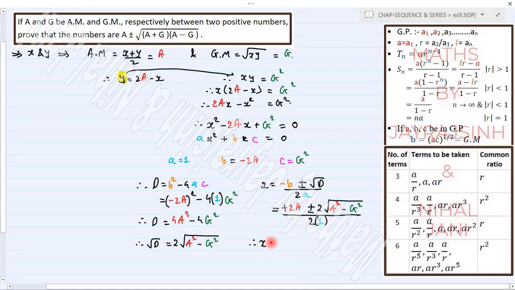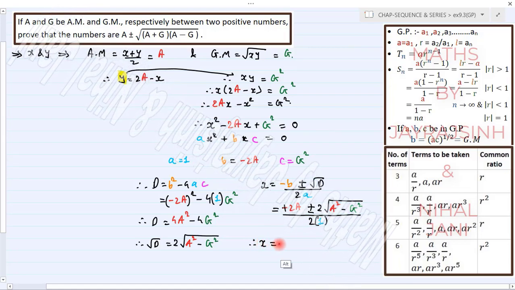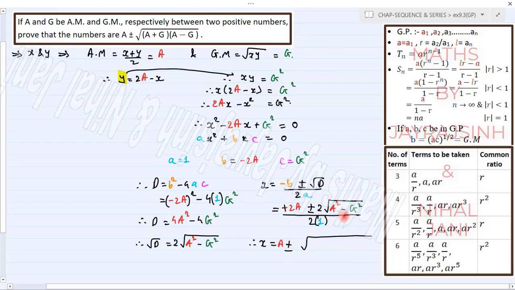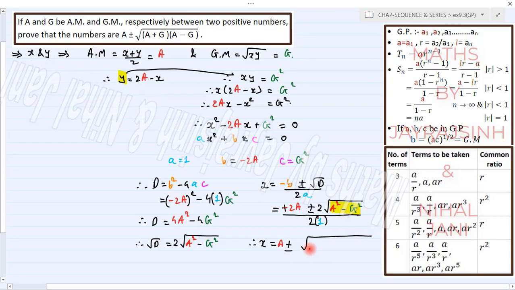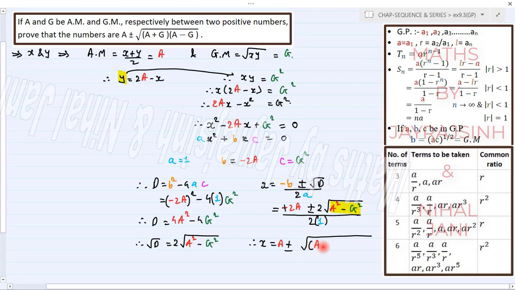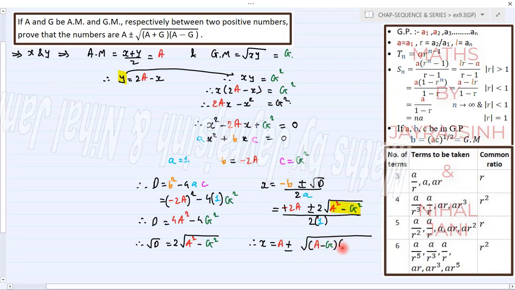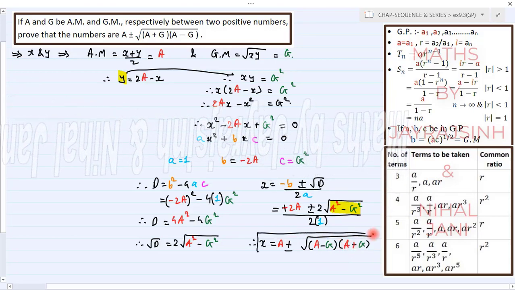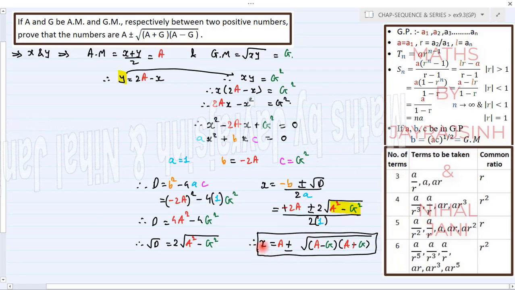So we will get our required number is equal to A plus or minus under root of A square minus G square, which can be rewritten as (A minus G) and (A plus G). Hence proved. Ta-da!